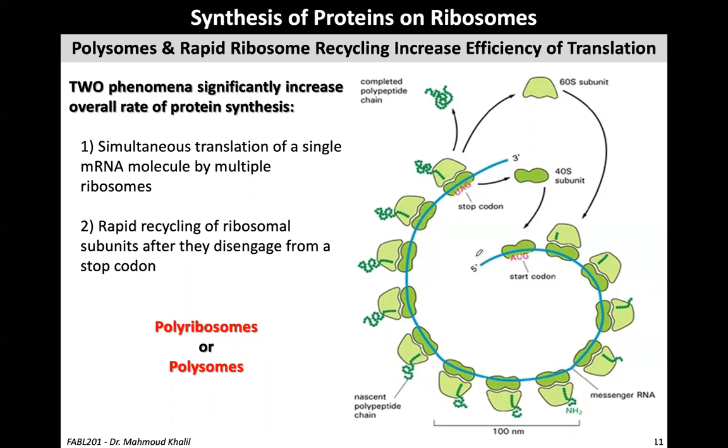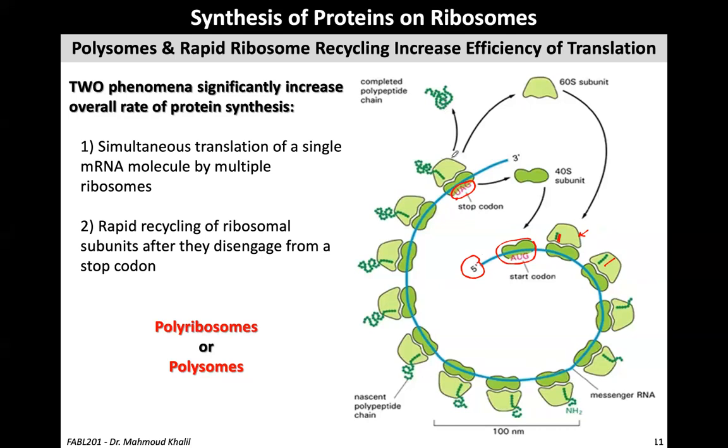So you can see here, this is the 5 prime, and this shows the start of translation. As we said, the small ribosomal subunit will bind first to the AUG codon, then comes the large subunit, and you can see the growing polypeptide chain. And then it moves, because as we said, the ribosome will translocate over the messenger RNA till reaching one of the stop codons, which is UAG, and this leads to the release of the protein.